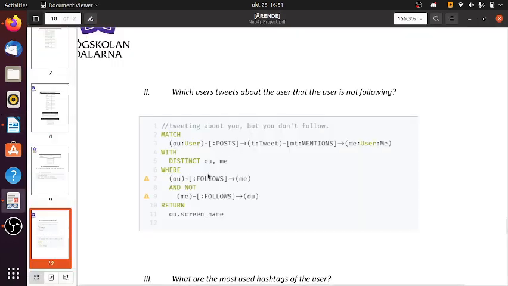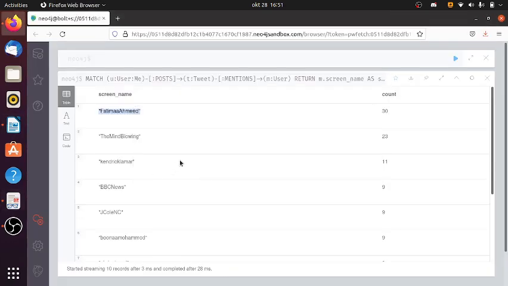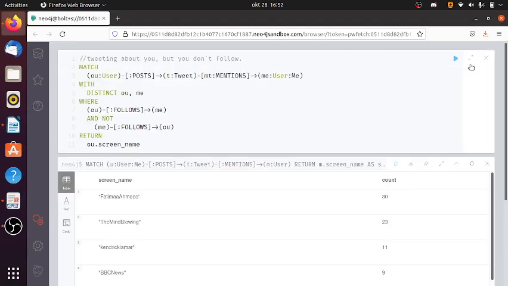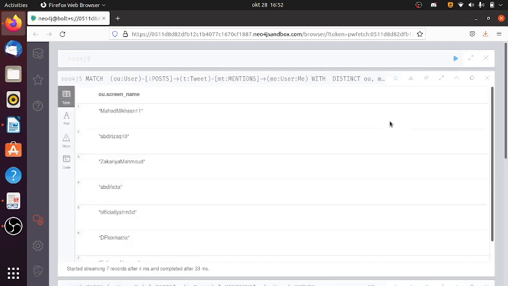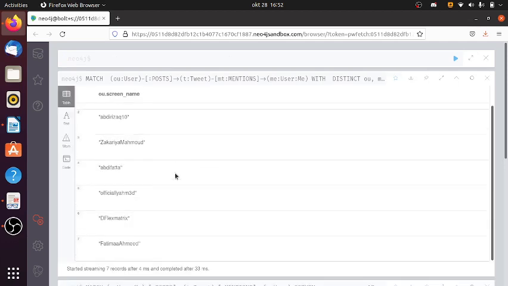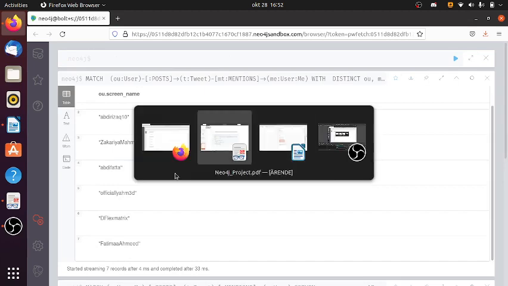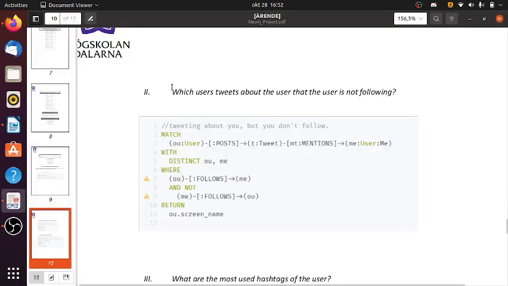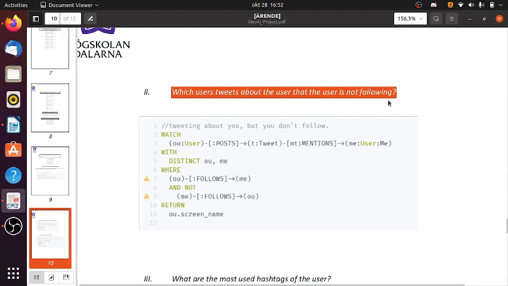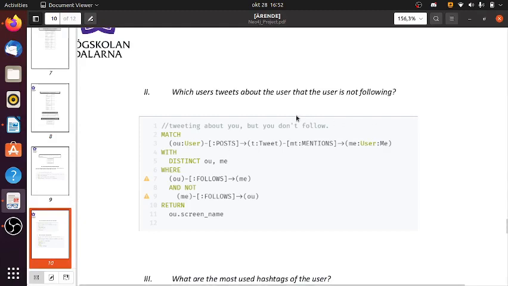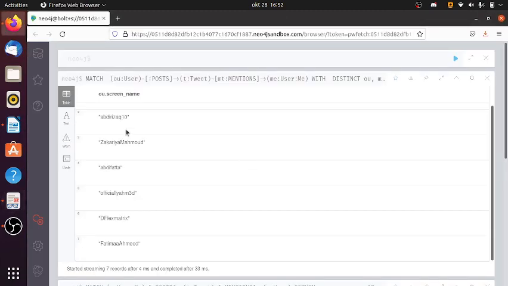Then we go back to the Neo4j and paste it there. This shows the users that follow you and have tweeted about you, and that you do not follow. Which user tweets about the user and that the user is not following. And we show that now.